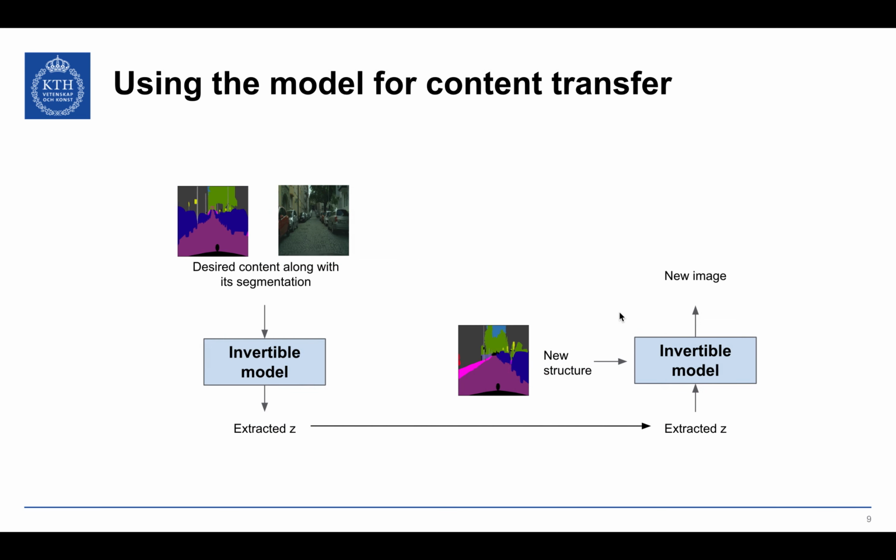We can also use the same trained model to transfer a desired content to another desired structure, which means a segmentation mask here. The way we do so is that we pass through the model a pair of images and extract the latent representation. And because the model is invertible, we can use the exact same latent representation along with a new condition to synthesize a new image.